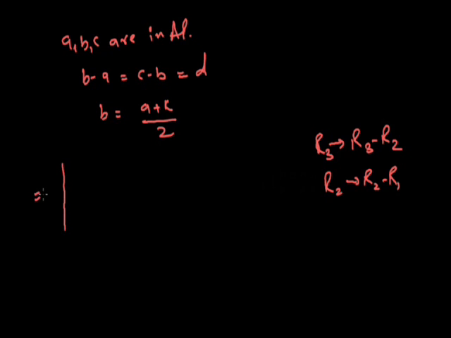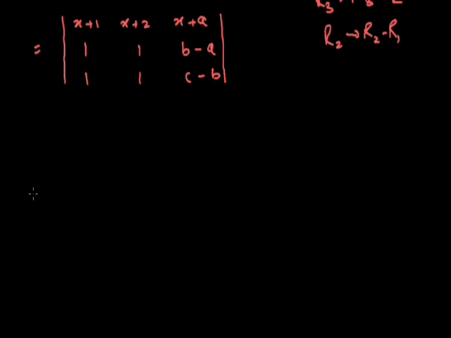Now the first row is as it is, x plus 1, x plus 2, x plus A. In R2 minus R1, x plus 2 minus x plus 1 is 1, 1, and x plus B minus x plus A is B minus A. Similarly in the third row, 1, 1, C minus B. Now B minus A and C minus B are the common differences.